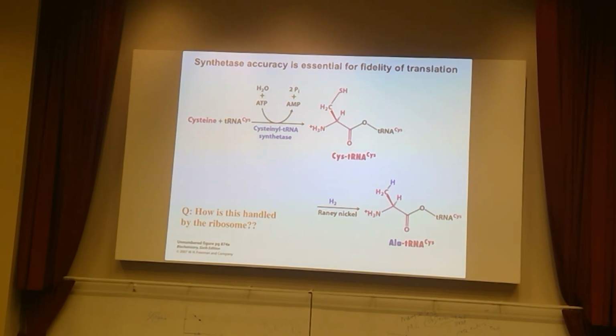But now we bamboozle it. We treat it with Raney nickel in the presence of hydrogen gas, and we reduce that position and remove that thiol group, and now we've converted that to an alanine. And we've got a completely different amino acid on the same exact tRNA.